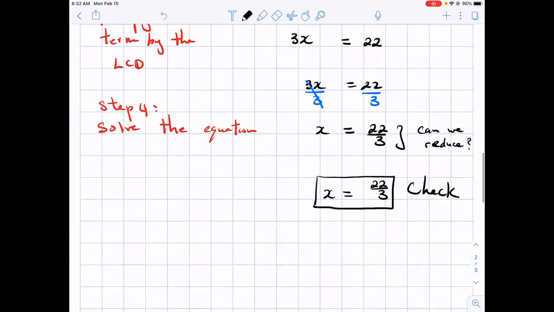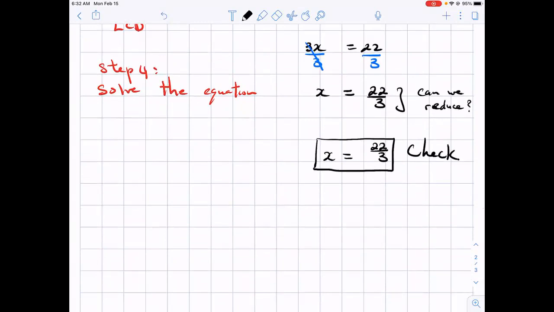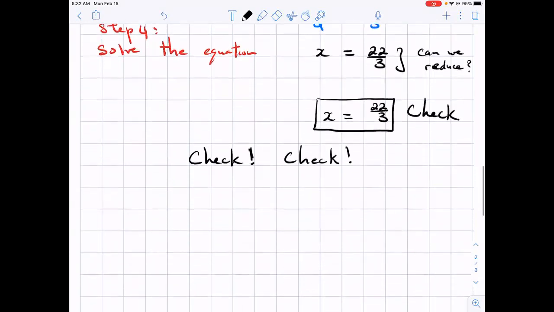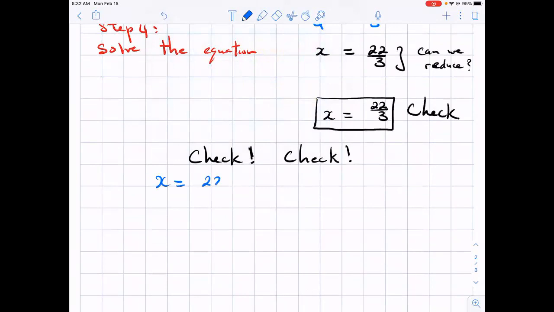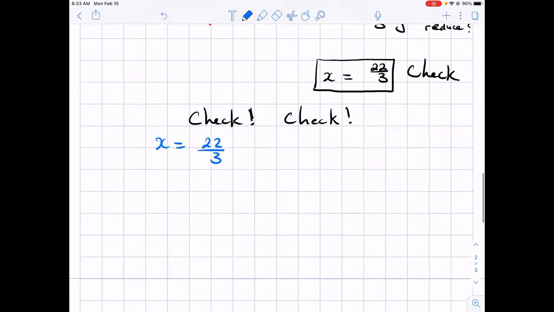Now, here is what we're gonna check. Check, check. I cannot stress the importance of checking. Now, we see that x is equal to 22 over 3. You should check the entire problem, but if you're in a rush, at least if you put 22 over 3 into that problem, does any denominator become 0?